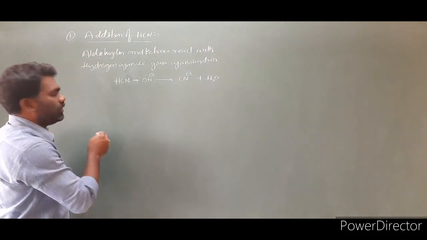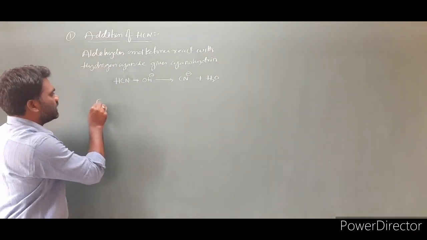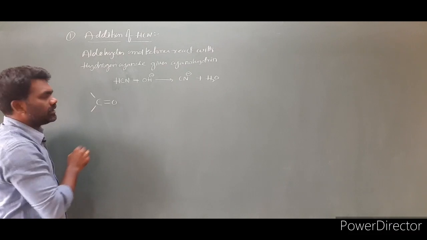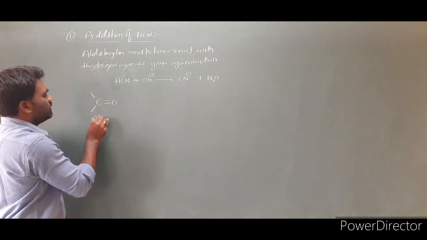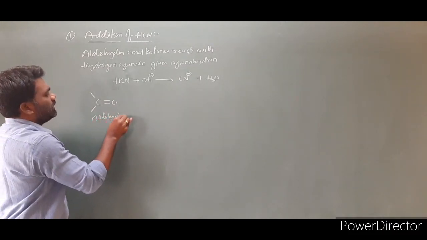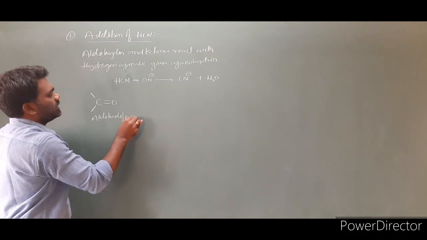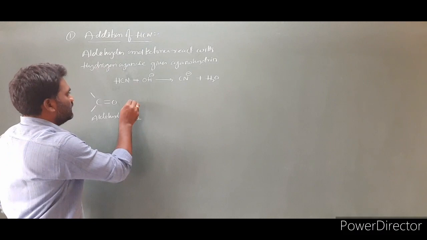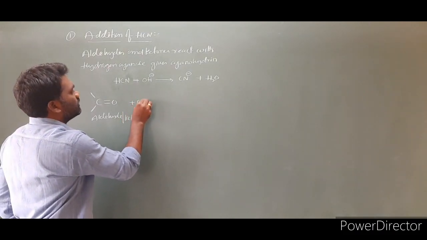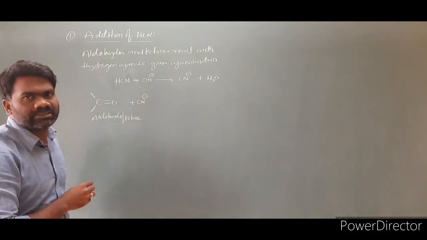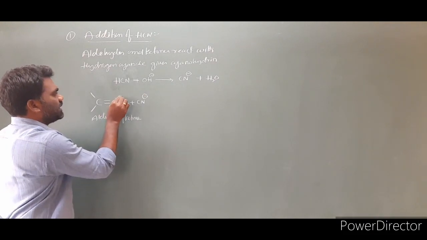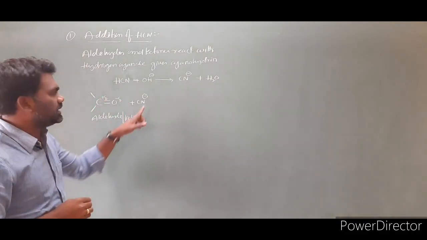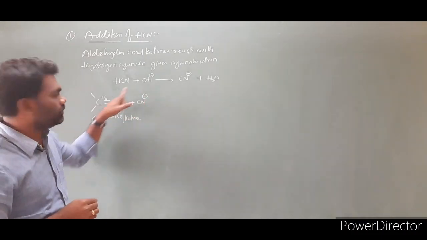Then take an aldehyde or ketone. I am taking a general representation of C double bond O. This may be an aldehyde or a ketone, anything you can imagine. These groups are not written, so this may be an aldehyde or ketone. This aldehyde or ketone reacts with the nucleophile, here CN minus. The oxygen is partially negative and this carbon is partially positive. This CN minus attacks upon whom?